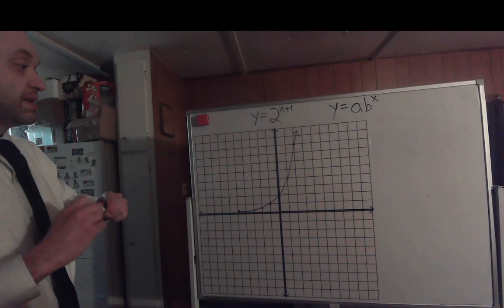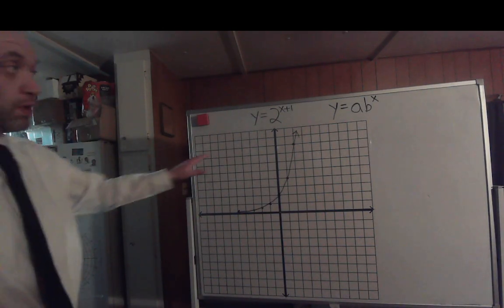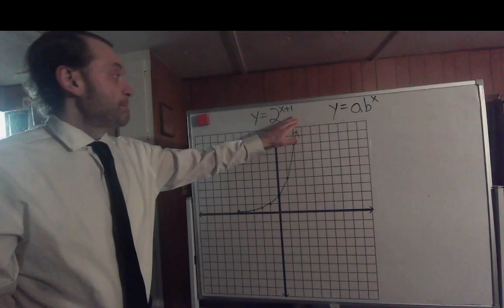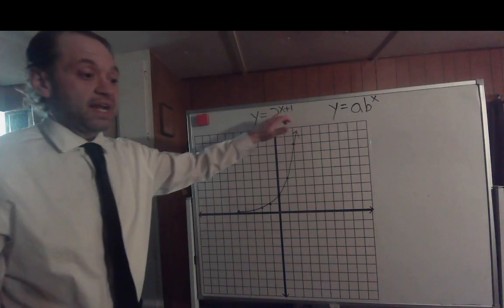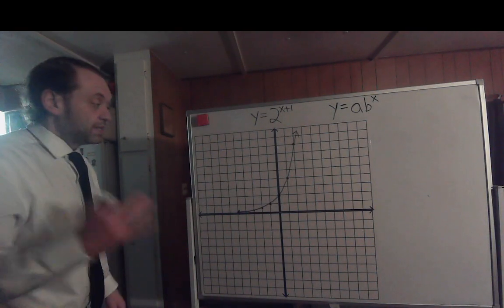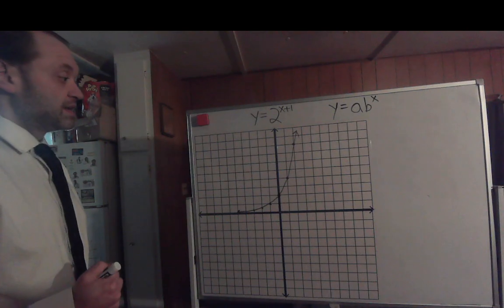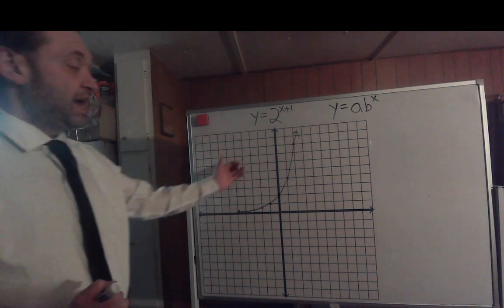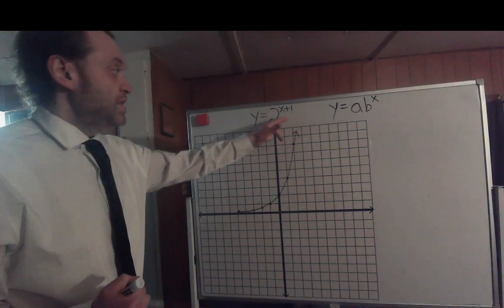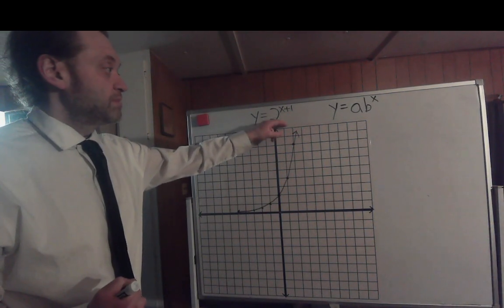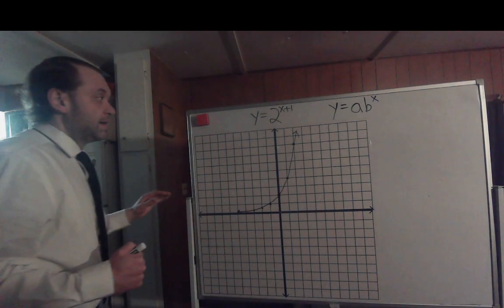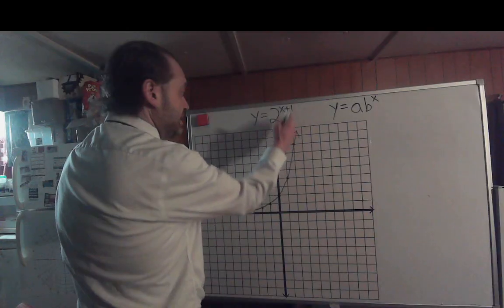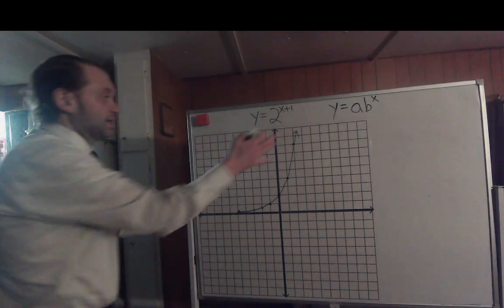You may sometimes also see a number plus that x power. What that does is it just shifts everything that many units. So x plus 1 takes it to the next value of x, basically.